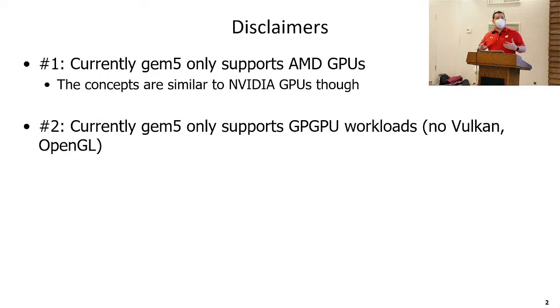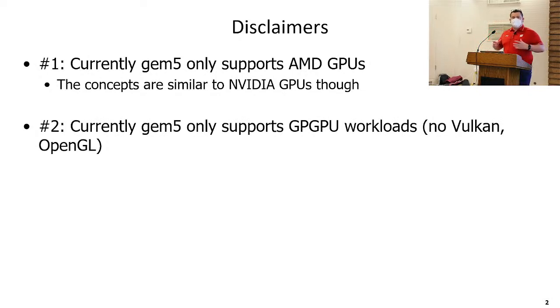Second thing, this GPU support focuses on what we call general purpose GPU or GPGPU support. That means things like graphs, machine learning, or financial algorithms fall under general purpose GPU, which we call it to contrast with graphics programs, which are traditionally rendering triangles or doing AR, VR, or whatever you might be trying to do in a programming language like OpenGL or Vulkan.